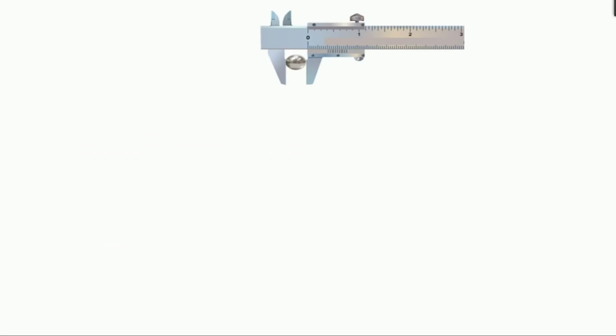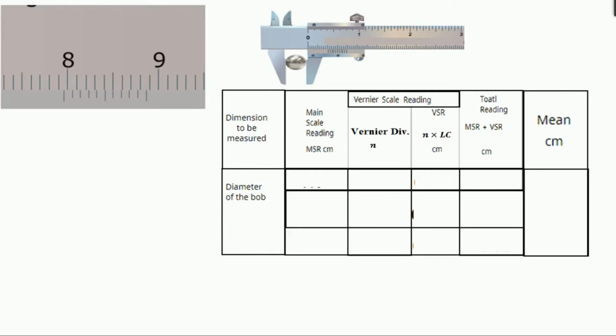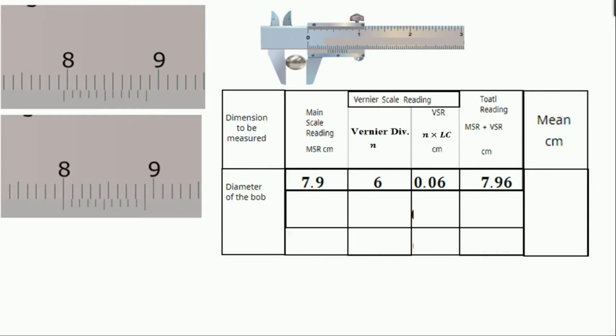Suppose now we are measuring the diameter of this ball, and we measure it 3 times. In the first case you can see this is 7.9 and vernier is number 6. In the second measurement, we take out the ball, put it back in the vernier caliper and measure it again.